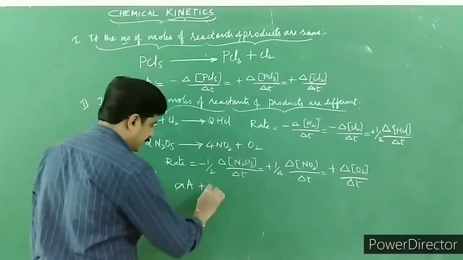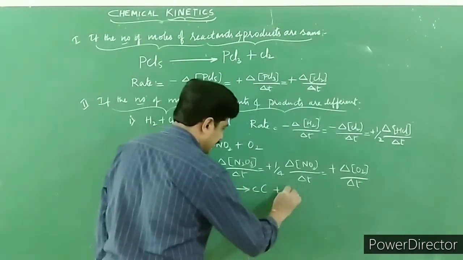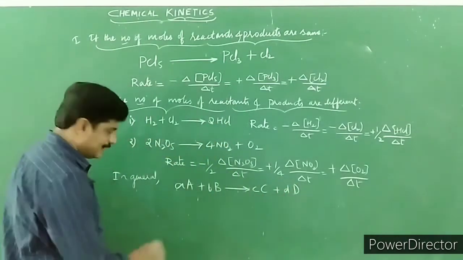Children, in general, let me write aA combines with bB giving rise to cC plus dD. How do I write the rate? Look at here.